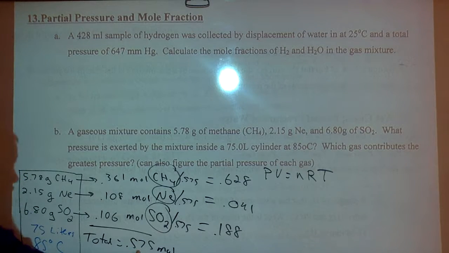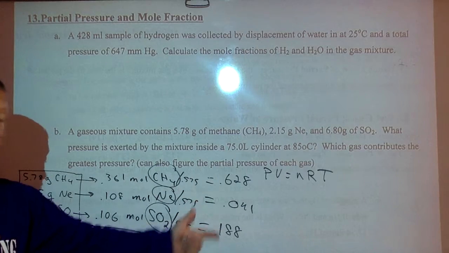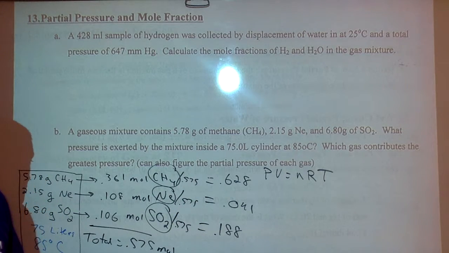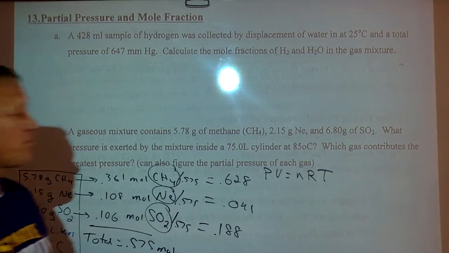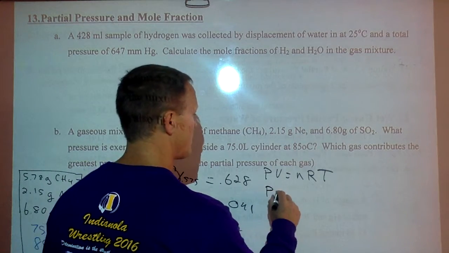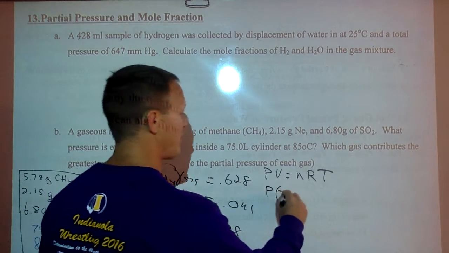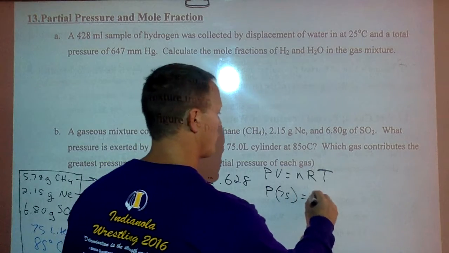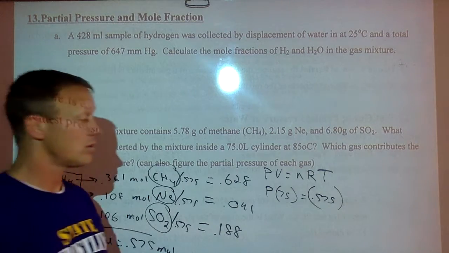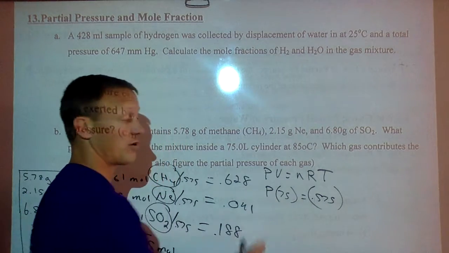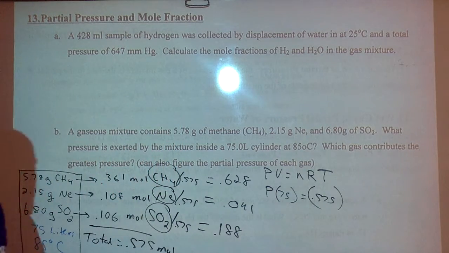Or I can plug in the total moles and get the total pressure of this container, and then use the mole fraction to see what each pressure is individually. So if I plug in 0.575 moles, so I can go P times 75 liters equals 0.575 moles. That's the total moles of gas. So I'm finding total pressure. Whatever you put in here for moles is what you're finding pressure on. If it was moles of just CH4, it'd be that pressure.